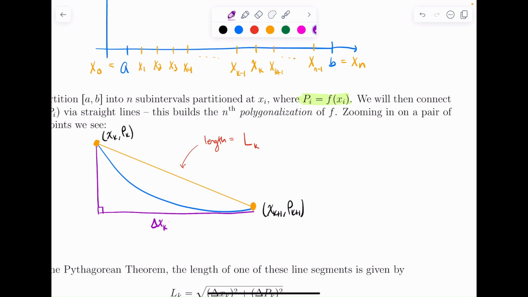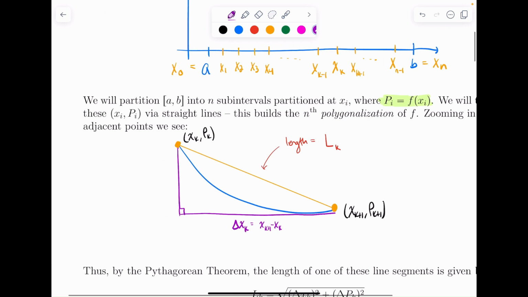This is your x_{k+1} minus your x_k. And your height is what you might have called delta P_k, which is going to be your P_{k+1} minus your P_k.